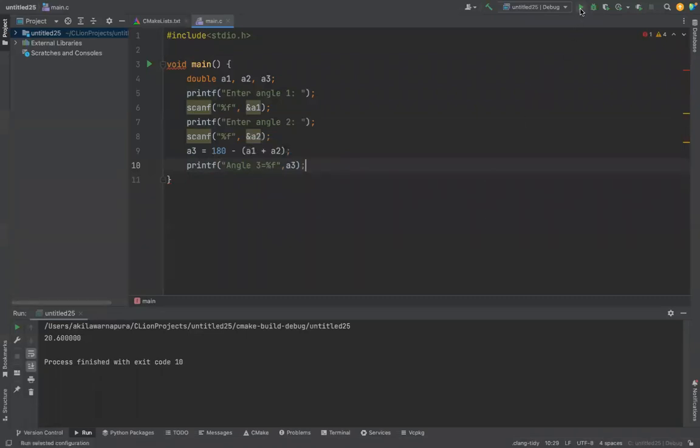Just run and check whether this program is working properly. Enter angle 1, let's say 50 degrees, and angle 2, let's say 100 degrees. Then angle 3 is 100? How does that happen? It should be 180 minus 150.